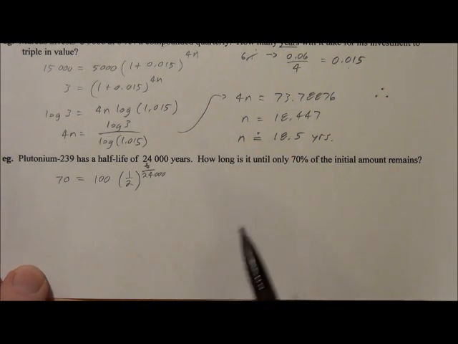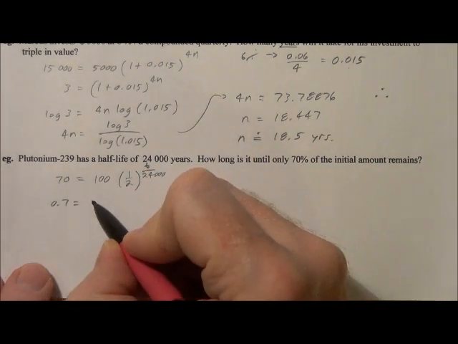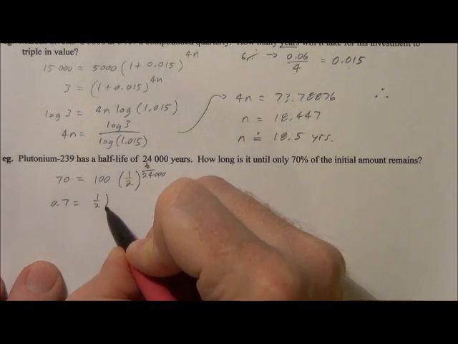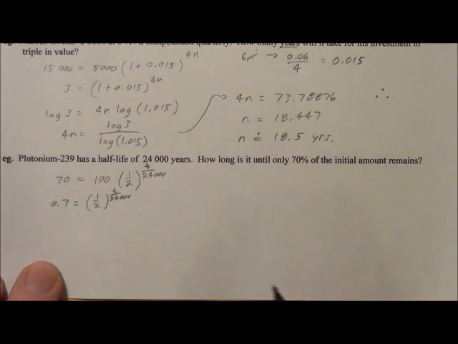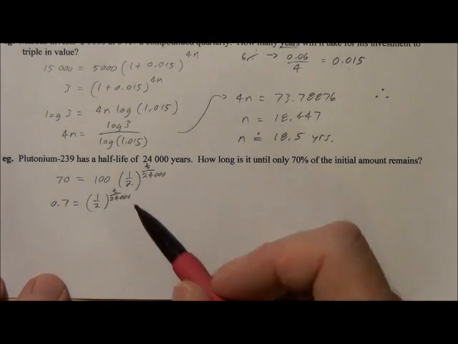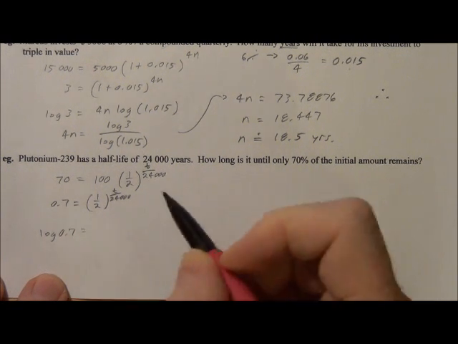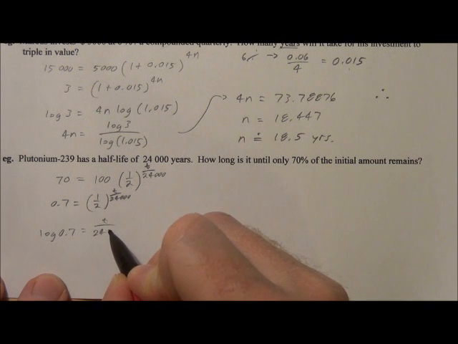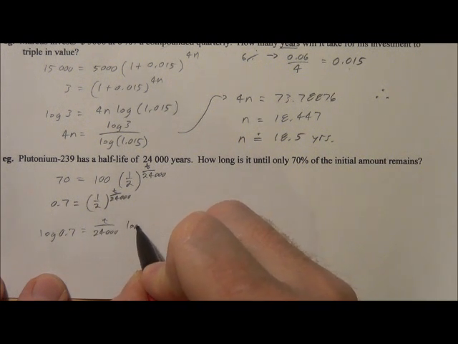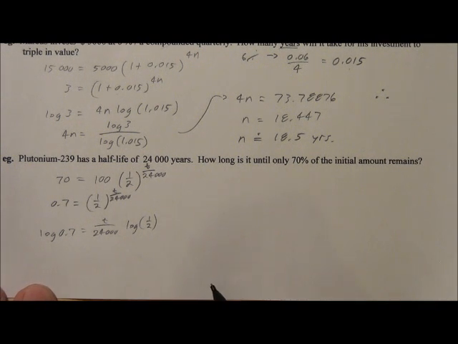Okay, so we'll just do a little bit of rearranging here. So divide both sides by 100, so we get 0.7 equals 1/2 to the t over 24,000. I'll take the log of both sides because I want to find what the exponent is. So the log of 0.7, and then I'll bring this down in front using logarithm laws. I'll divide both sides by log of a half.